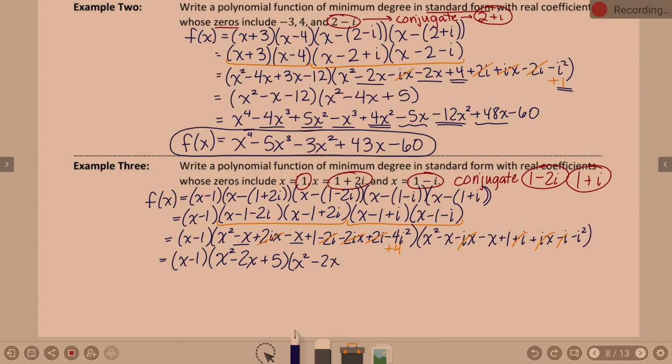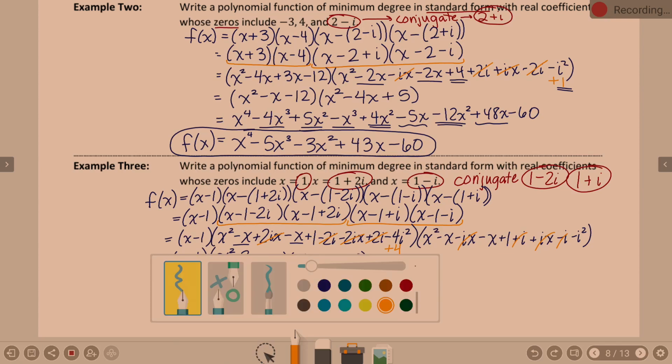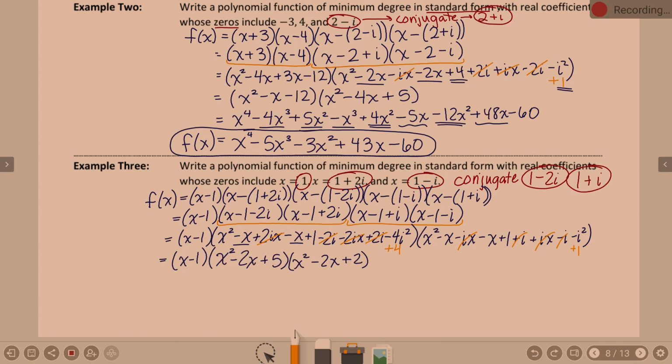Plus 1, and what do we know about minus i squared? Minus i squared is going to become a minus negative 1 or a plus 1. Okay. Now what?